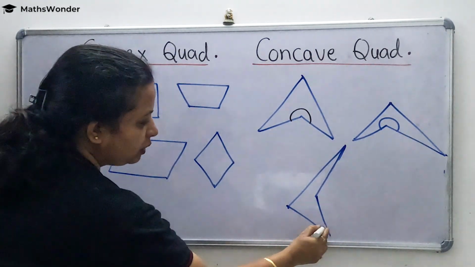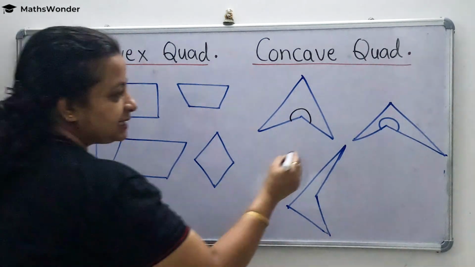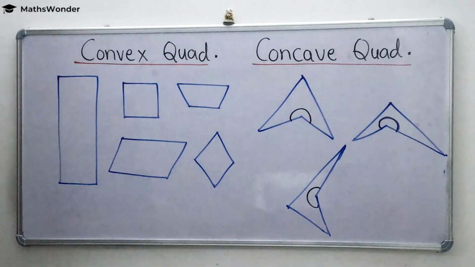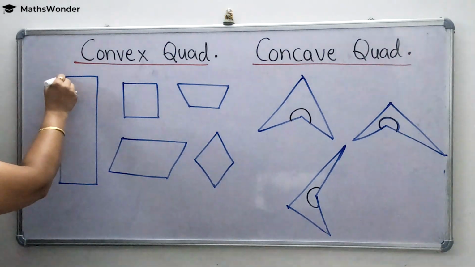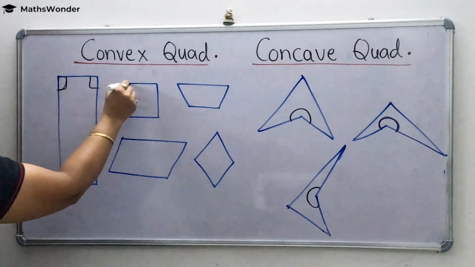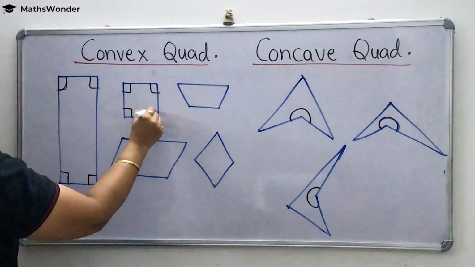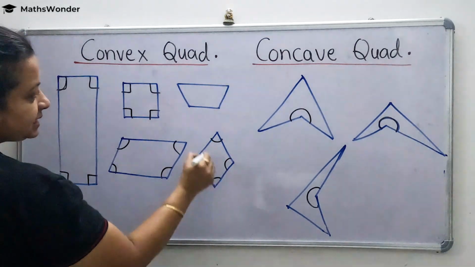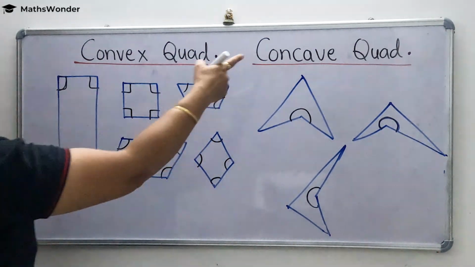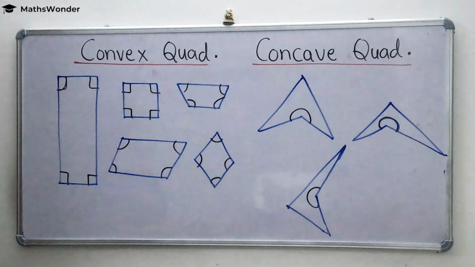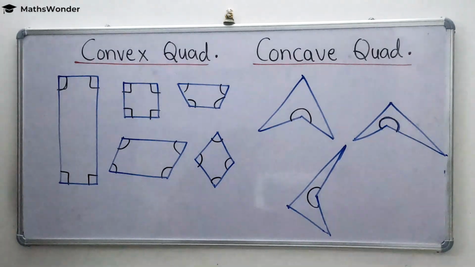Now see, in all the diagrams, you can see one angle is a reflex angle. But in convex quadrilateral, you can see all the angles are less than 180, right? See, these 4 are 90 degree. These all are less than 180. Each angle is less than 180. But in concave, one angle is a reflex angle and the others are less than 180, right? So understood, with the help of the figure?